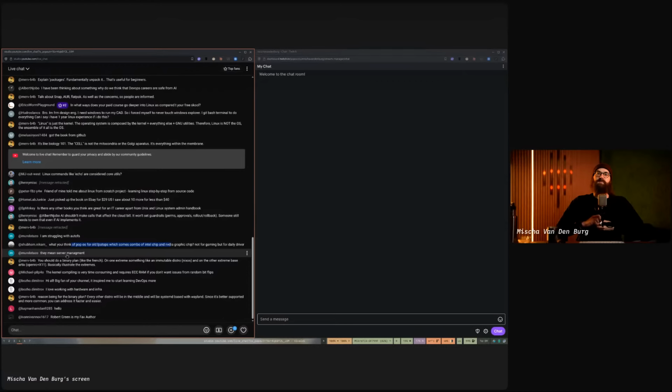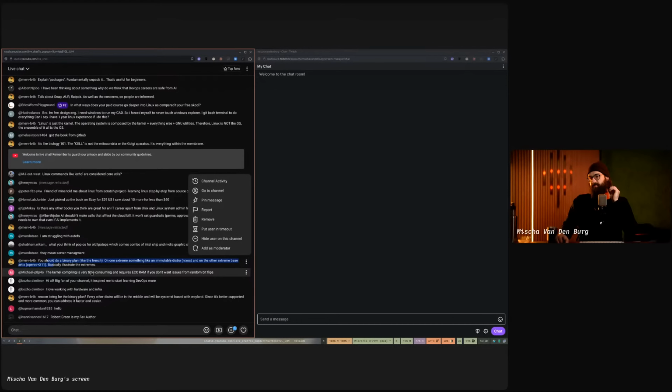It's different if you're using the actual Linux workstation and doing your daily work on it. Then Pop OS can be a good idea. I would still go for Ubuntu desktop, for example, something simple. So for old laptops, I would say it's better to just use a server and not have a GUI at all. Okay, you should do a binary plan, one extreme, something like an immutable distro. Yeah, that is way too advanced, we're teaching beginners here, okay?